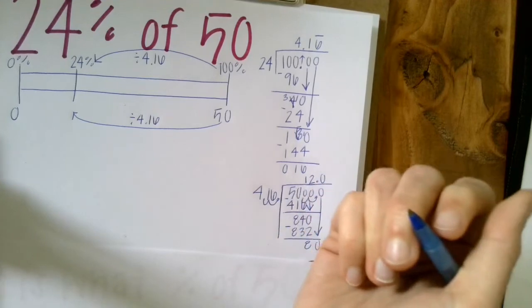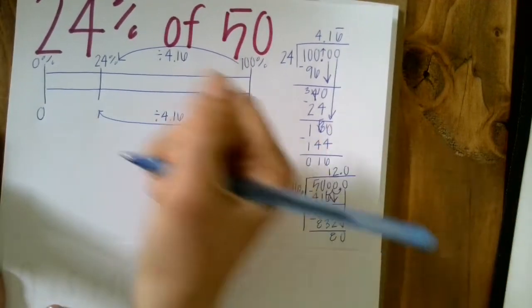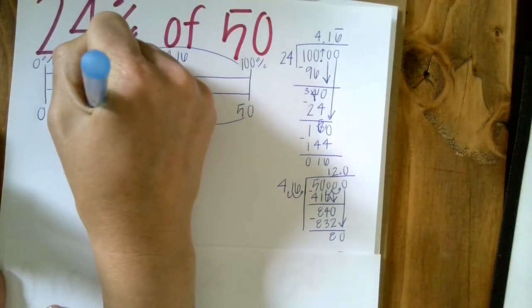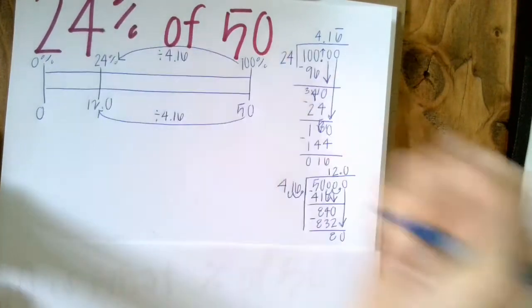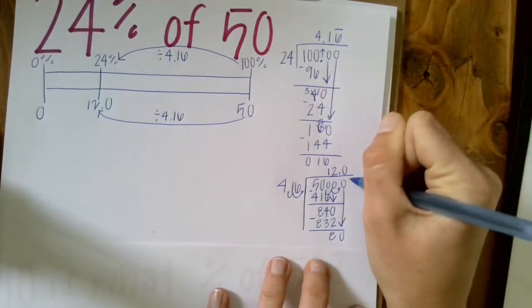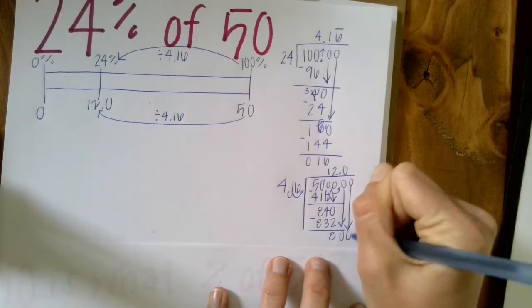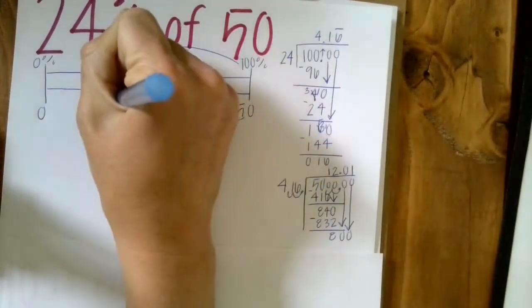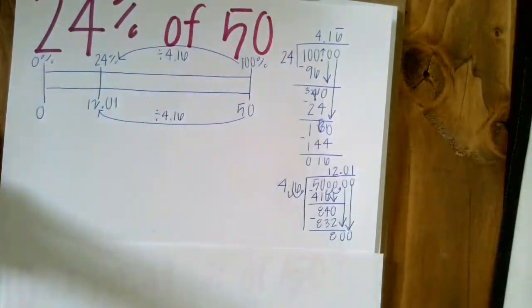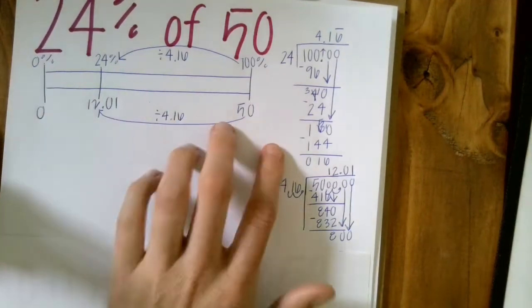So 24% of 50 is 12.0. Add a 0, bring it down. It can go in there one time. So it is about 12 and 1/100. So this is the double number line.